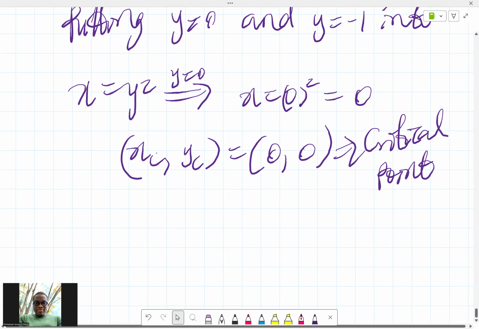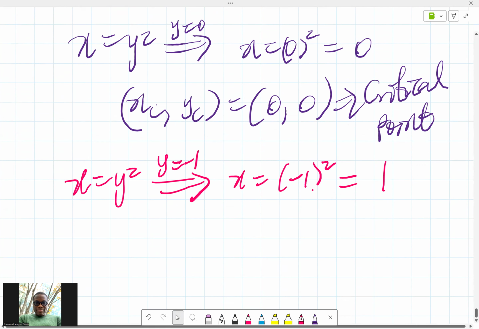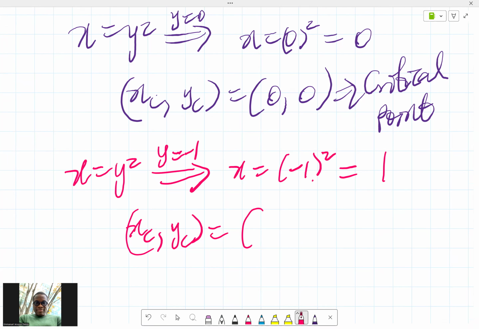We can find another critical point: from x equals y squared, when we take y to be minus 1, x is equal to minus 1 squared, which is 1. So we have another xc, yc, where x is 1 and y is minus 1.